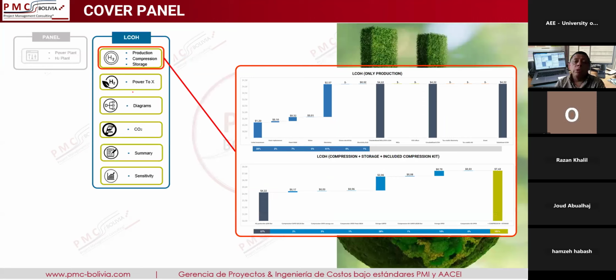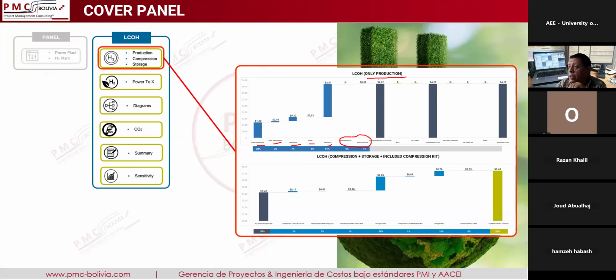Once I have loaded the input data, remember 59 input variables, we can automatically see the diagram of the LCOH for only production. We can see initial investment, stack replacement, fixed OPEX, water, electricity, and, if there are any, financial incentive items.